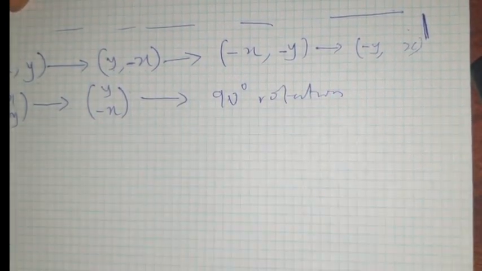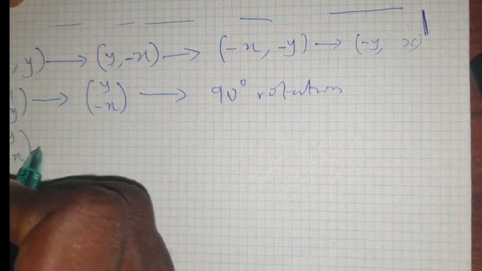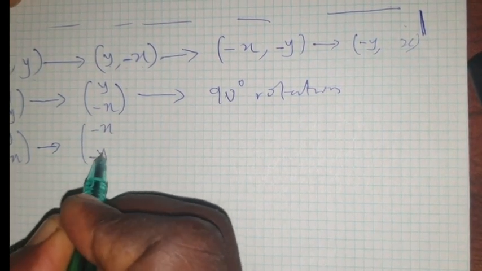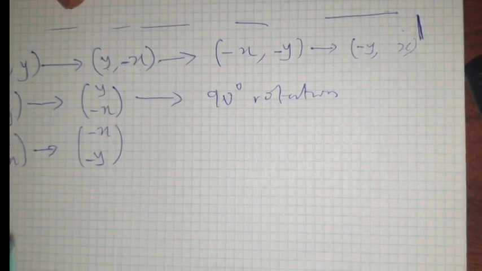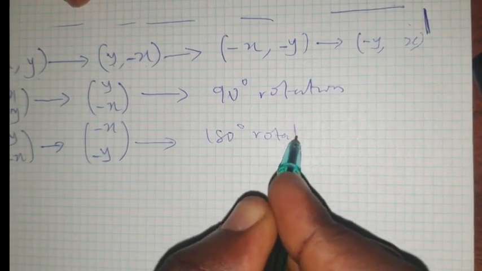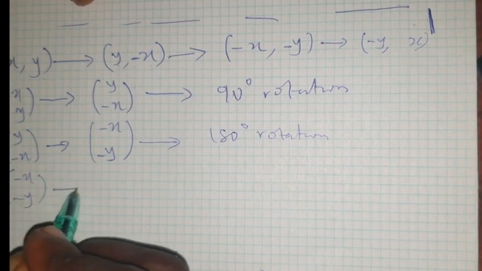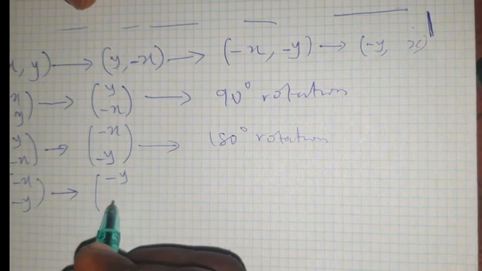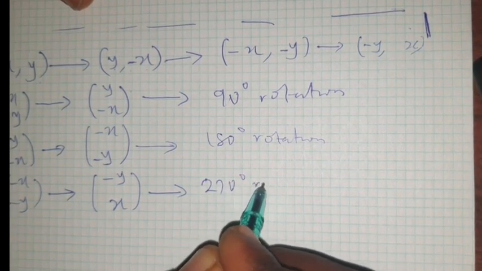Then about 180 degrees rotation, y, minus x will give us minus x comma minus y. It is supposed to be minus x, y, but we change the sign of the new y value, which is 180 degrees rotation. The next one is minus x, minus y, and rotating about 270 degrees gives minus y, x, that is about 270 degrees rotation.